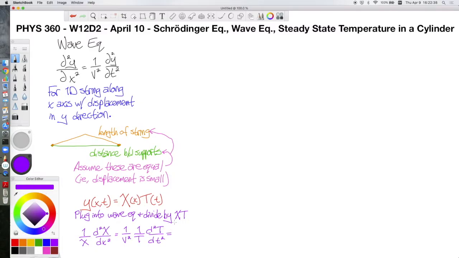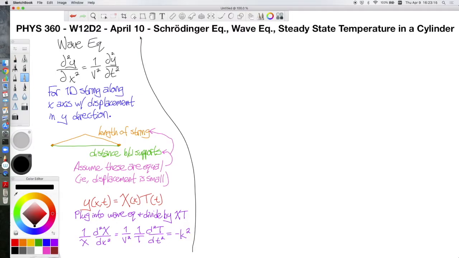That constant we could give as a positive k squared or a negative k squared, but we're going to want sines and cosines here, at least for the t part of our equation, because we assume this wave, the displacement, will oscillate back and forth between positive and negative. It would not make a lot of sense to pluck a guitar string and have the amplitude of that string exponentially increase. So we are going to want sines and cosines here, which means we are going to need a negative separation constant.